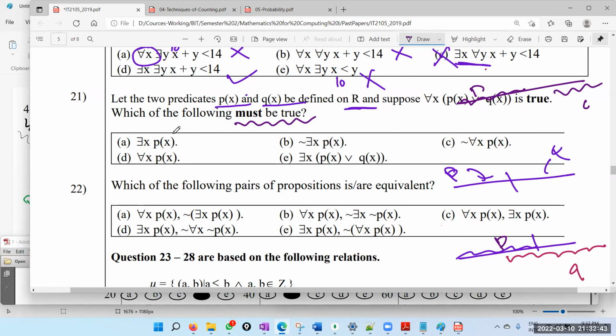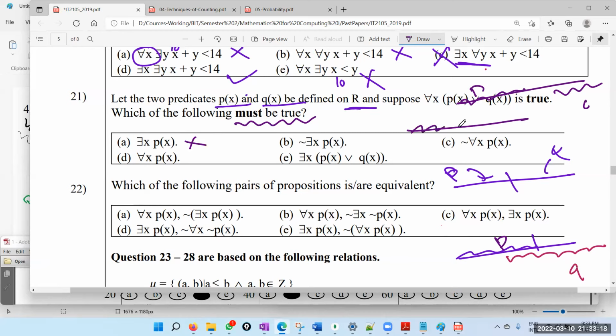There exists x such that Px. Obviously, right? Because they say for all x Px or Qx. But again, we can say that for all x Px or Qx holds when Px has nothing and everything is Qx, because that is also a possibility.